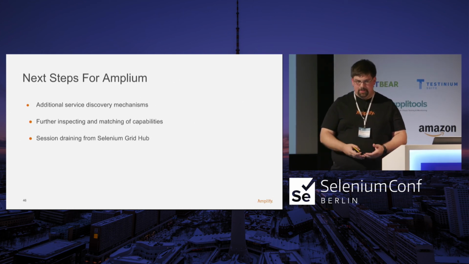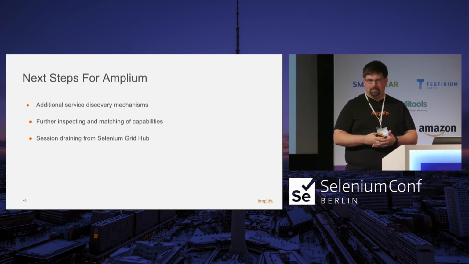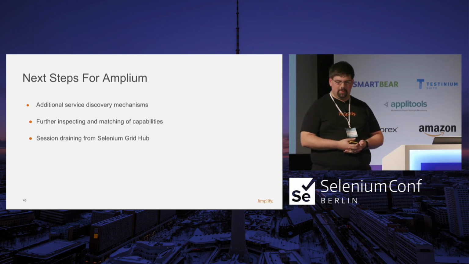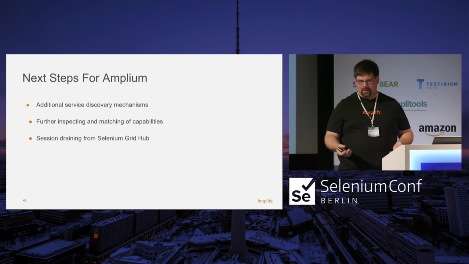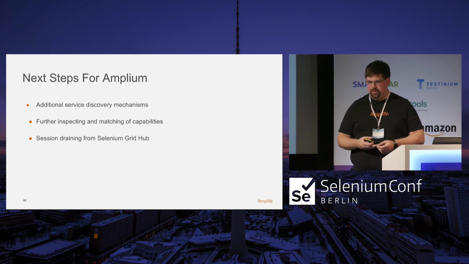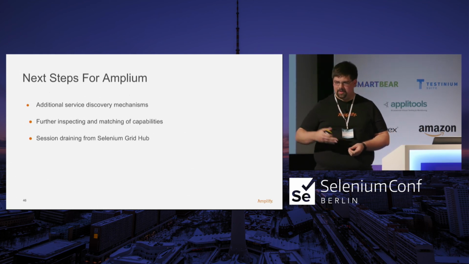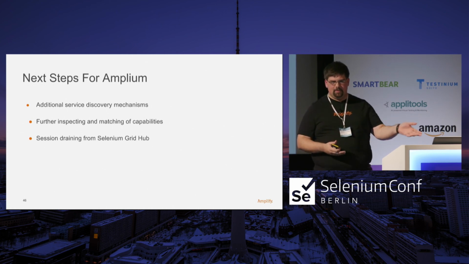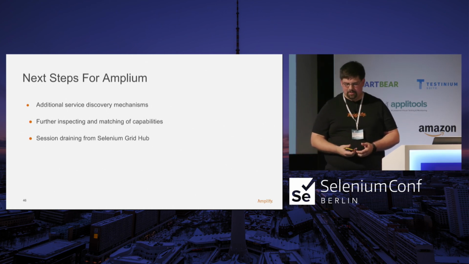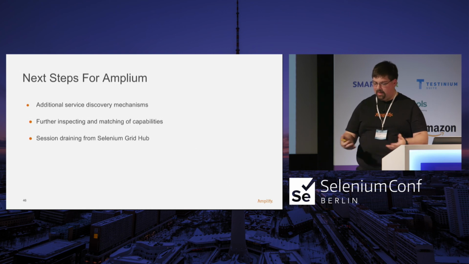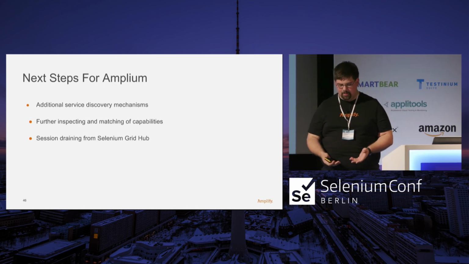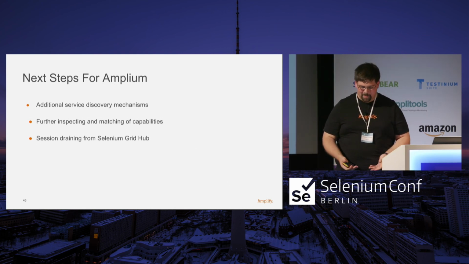I would like to have it do more inspecting and matching of capabilities. So right now, Amplium sort of presumes that all of your Selenium Grid Hubs are homogeneous. It doesn't understand the situation where you might have a Selenium Grid Hub that is IE, and one that is Firefox, and one that is Opera. It sort of just assumes that everything's the same. So adding that feature would be nice, because I'm sure there are people in this room who do that.